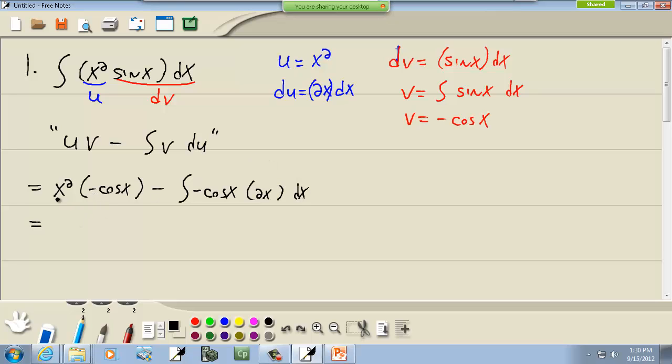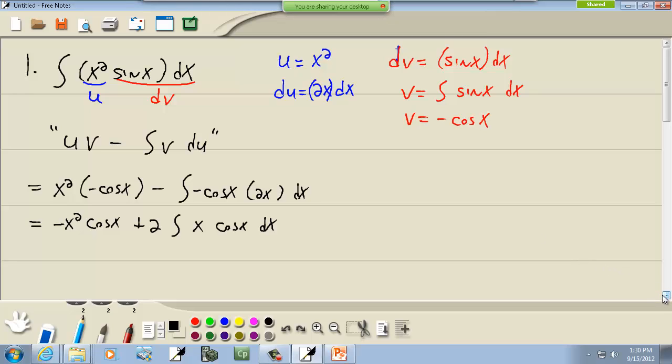Okay, I'll simplify this a little bit. I'll take the negative and put it in front. So we've got negative x squared cosine x. I'll take this negative, put it out in front, and I'll take the 2 and put it out in front too. So that becomes plus 2 x cosine x dx.